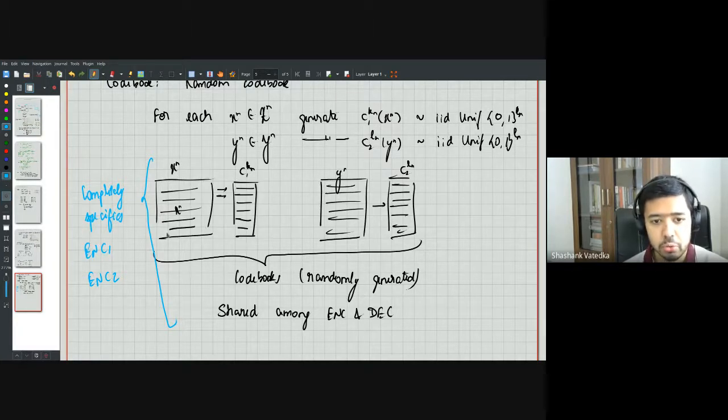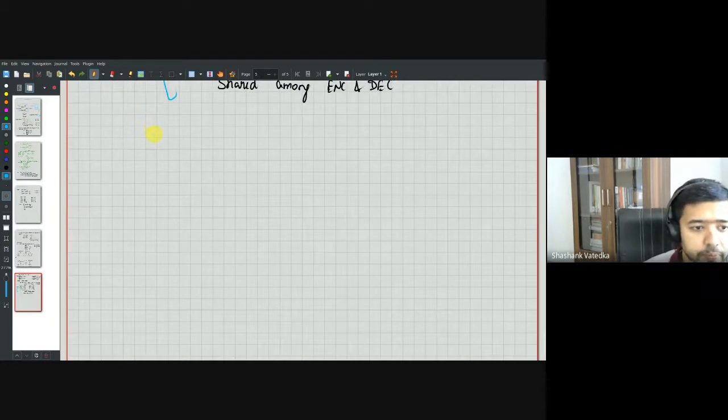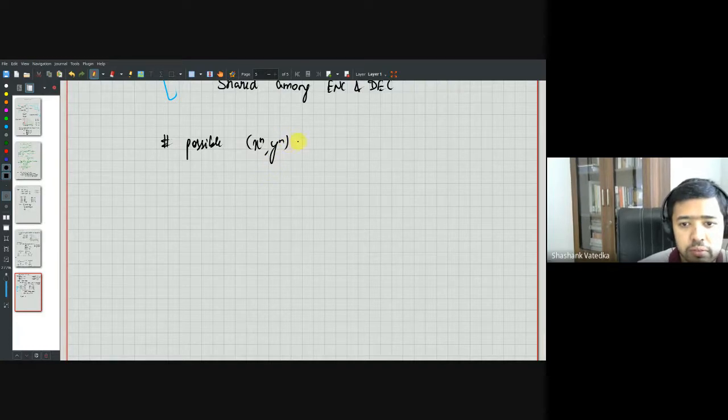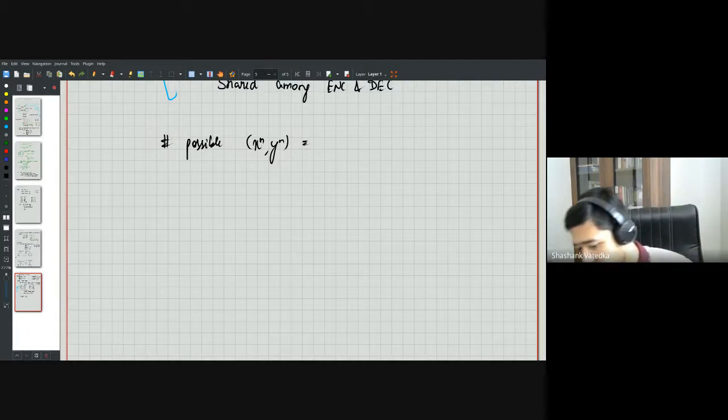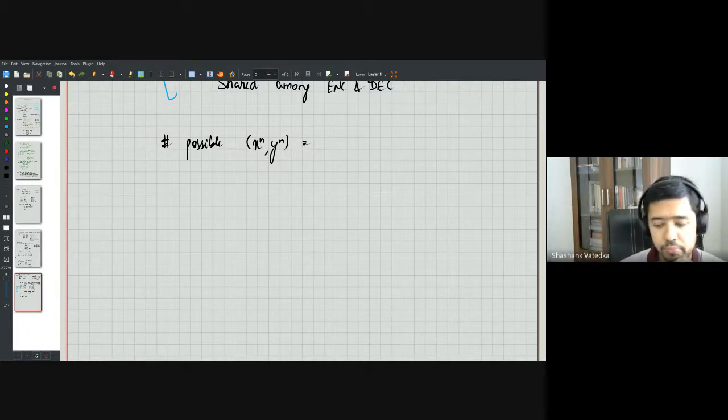So note the total number of pairs of sequences. What is the number of possible x and y pairs?